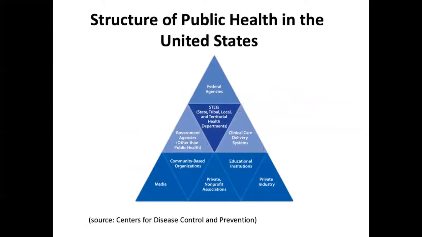This graphic from the CDC takes a federal perspective, but outlines how the governmental agencies and healthcare workforce work together. Here, federal public health agencies oversee and assist in programs implemented by the state, local, tribal, and territorial health departments, who in turn work in conjunction with other branches of government and healthcare organizations. However, it is not that public health oversees the work of media, nonprofits, educational organizations, and private industry.